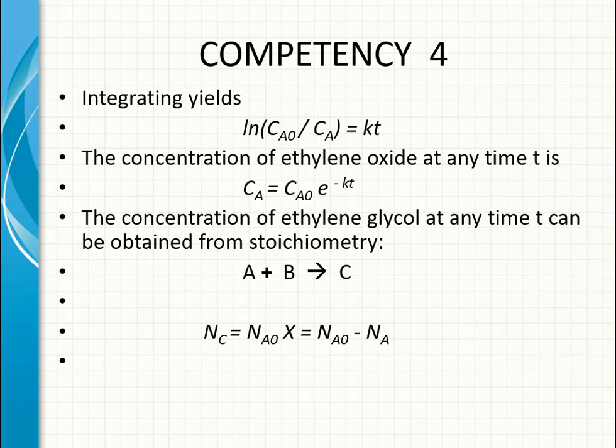So integrating, we say that we will have the natural log of Ca0 divided by Ca equal to kt, and taking antilogs of both sides, we will have Ca equals Ca0 times exponential of minus kt. The concentration of ethylene glycol at any time t can be obtained from the stoichiometry because A plus B gives us C, so Nc equal to Na0 times X, what is going to be formed, but Na0 times X is equal to Na0 minus Na.